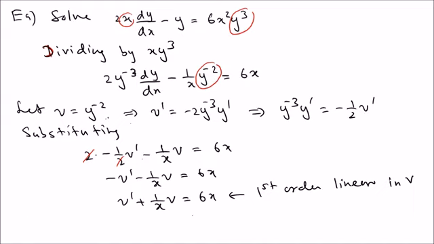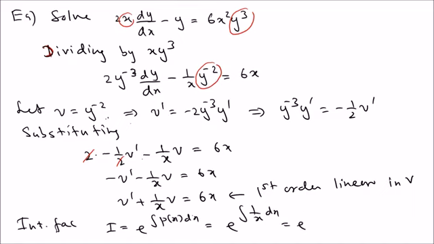So the integrating factor I equals e to the integral of p dx. So e to the integral of 1 over x dx, e to the ln x, that means x. So we get that. Now we can multiply by that on both sides.